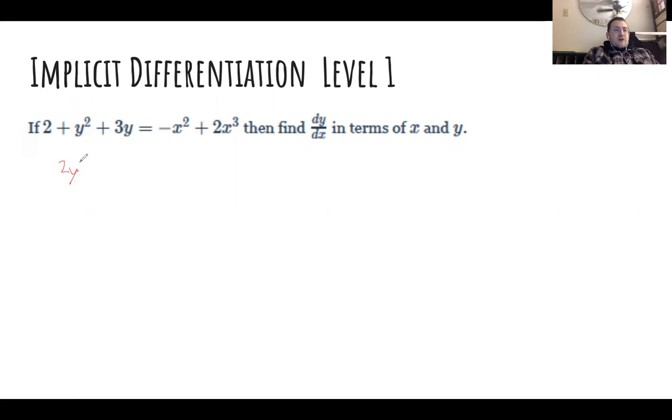The derivative of y squared is 2y, and because y depends on x, I'm going to write this as dy dx. And then the derivative of 3y is 3, but y depends on x, so I'm going to write dy dx. And then on this side of the equal sign, I have a minus 2x plus a 6x squared.